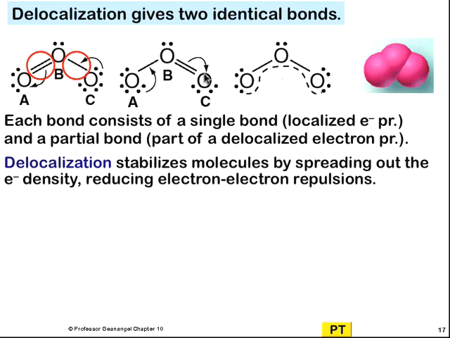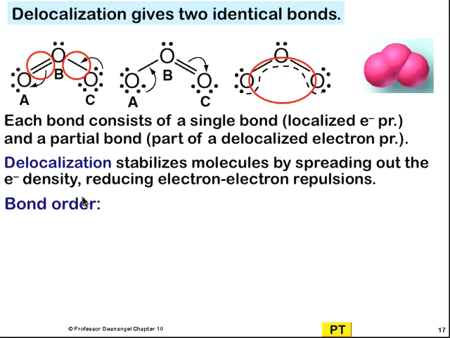Now, delocalization is a good thing because it stabilizes molecules by spreading out electron clouds and reducing the electron-electron repulsions. So this is what we've done over here, spreading out a pair of electrons across two bonds to make the whole system more stable.